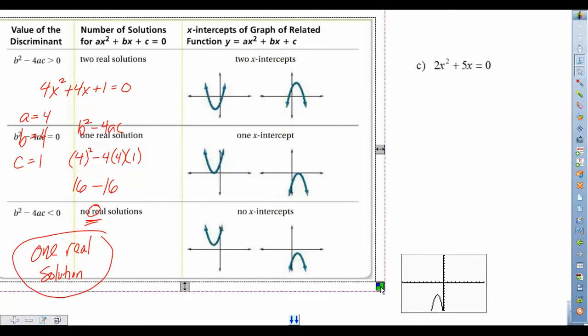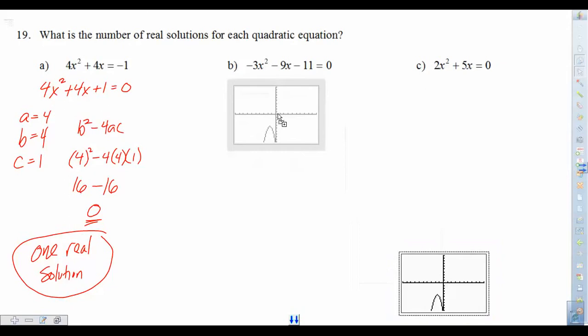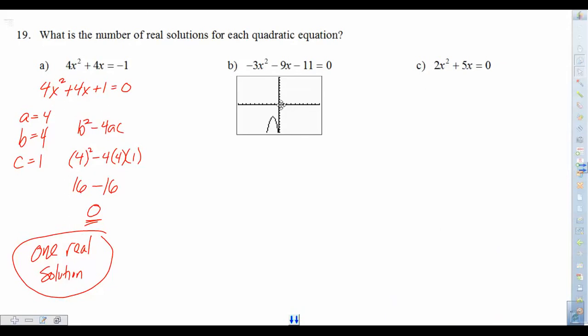Okay, so let's get rid of you. Looking at the graph, sometimes you can tell just by looking at the graph how many solutions you have. So don't be afraid to use that. That's also in your back pocket. Okay?